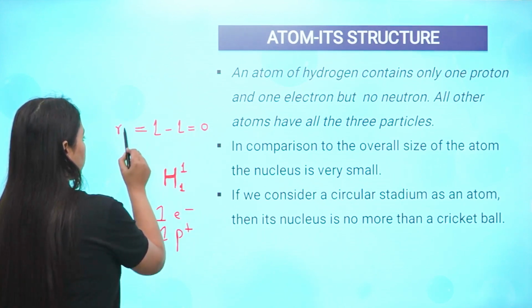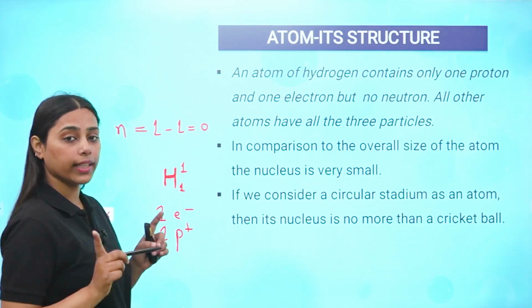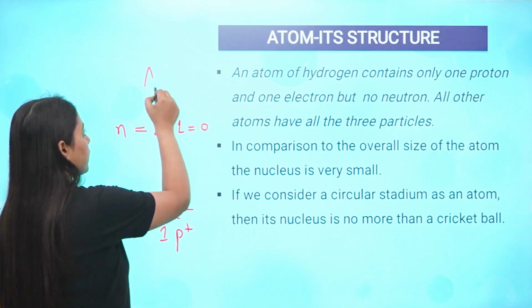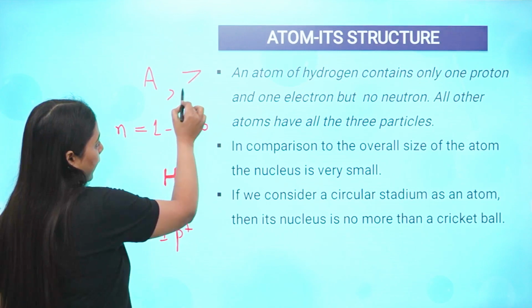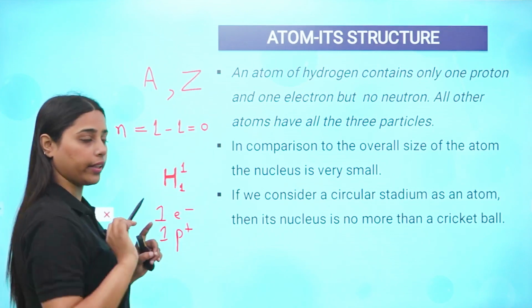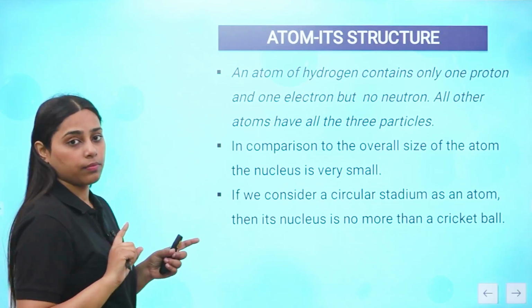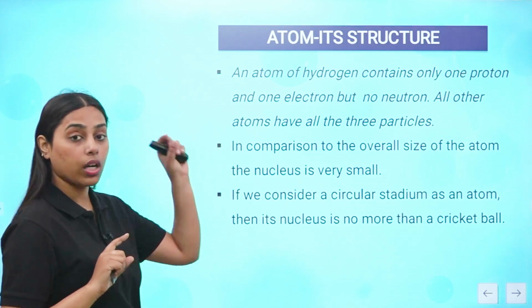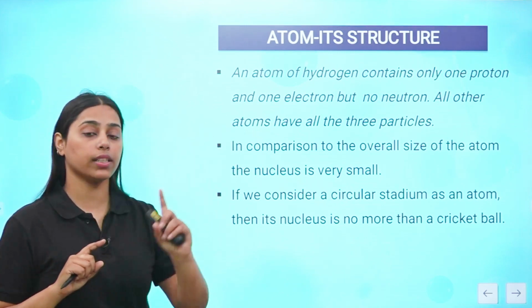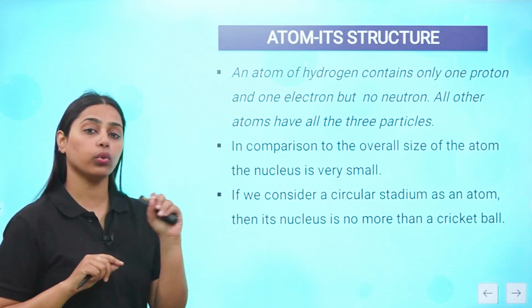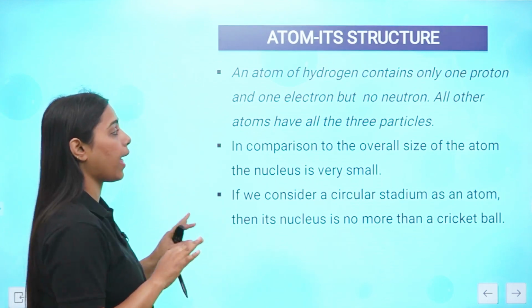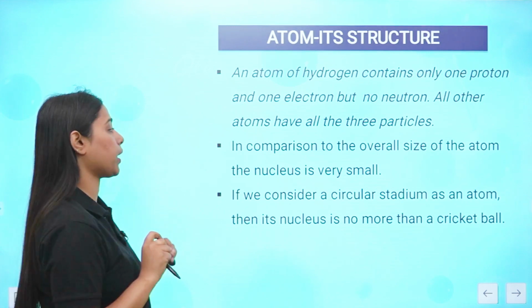So in this case neutrons are 0 in hydrogen. Mass is represented by capital A and atomic number is represented by capital Z for any element. All other atoms except hydrogen will have all 3 subatomic particles. Only hydrogen has no neutrons; the rest all have all 3 subatomic particles.